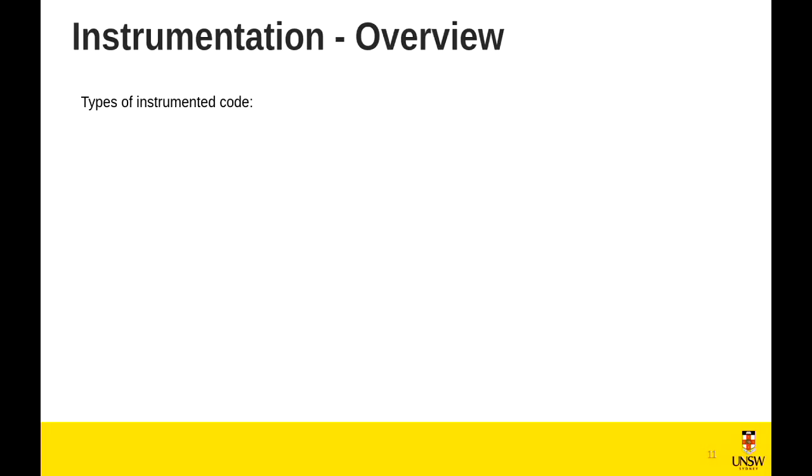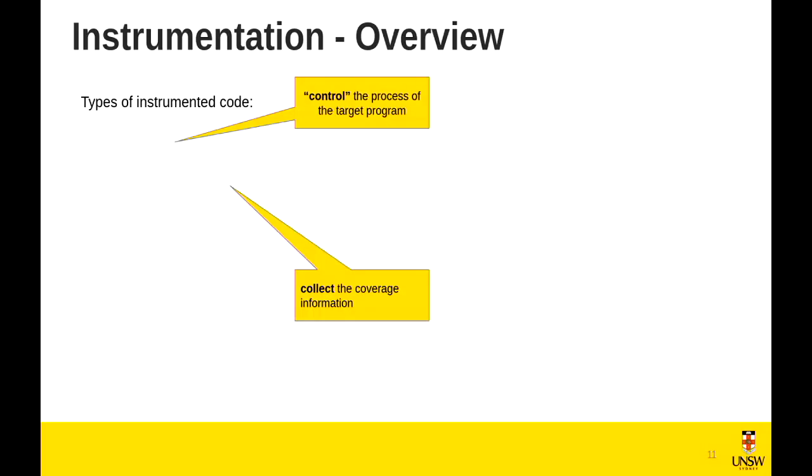There are two reasons. First, we need to allow the fuzzer to control the creation of new processes of the target program. That's the first purpose. The second purpose is that we need to collect coverage information during execution.